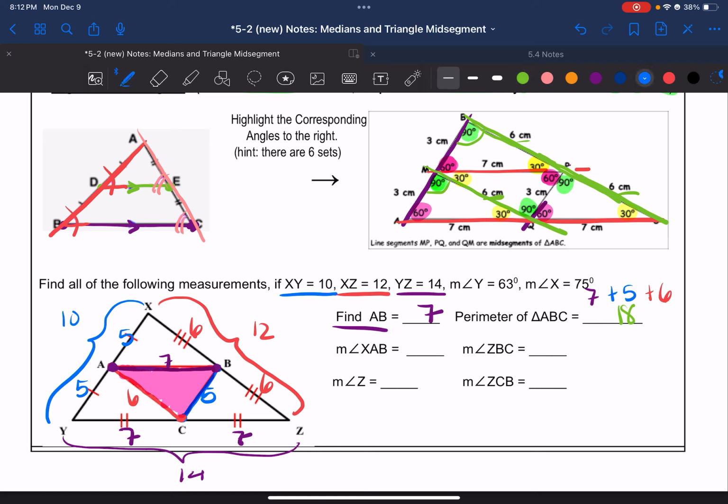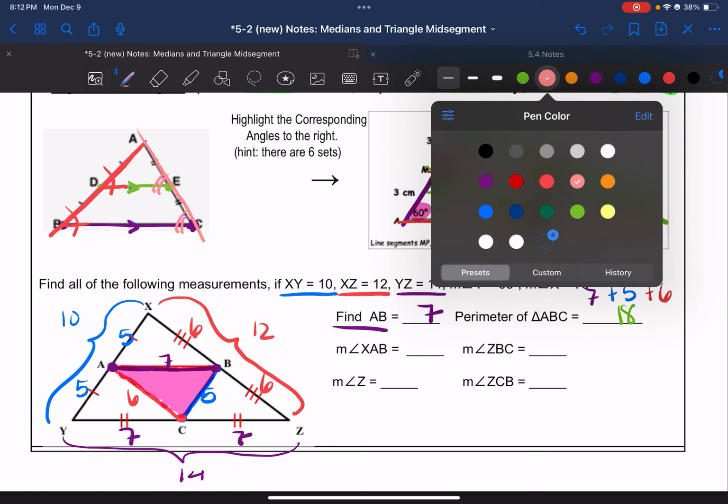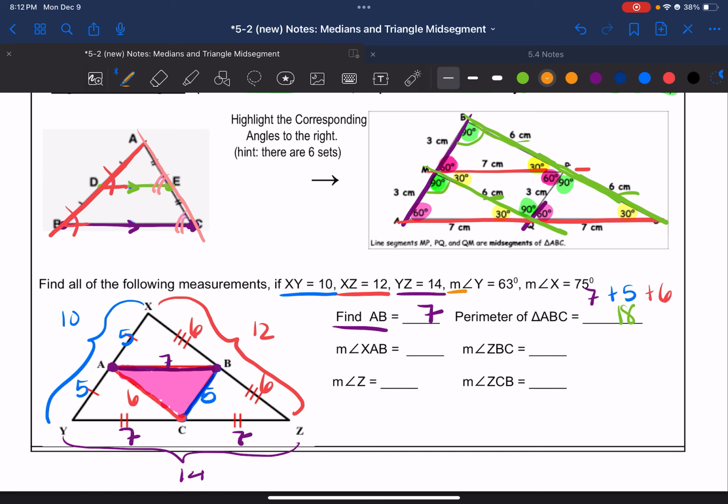Then we can start looking at our angles now. So our angles in here, if angle Y is 63 degrees, then this little XAB is also 63 because they are corresponding, and as you can see they're sandwiched between 5 and 7.